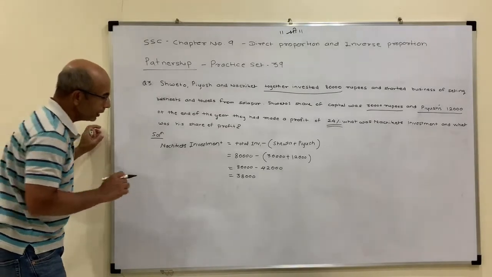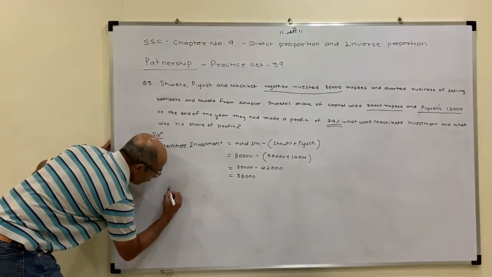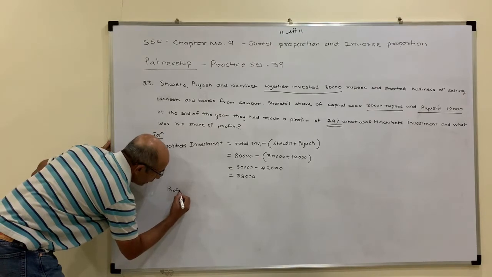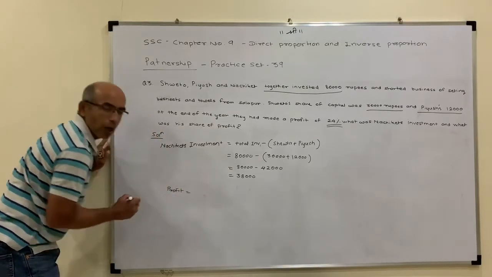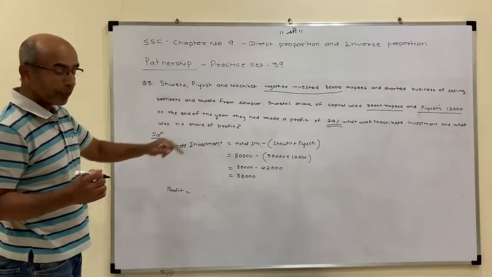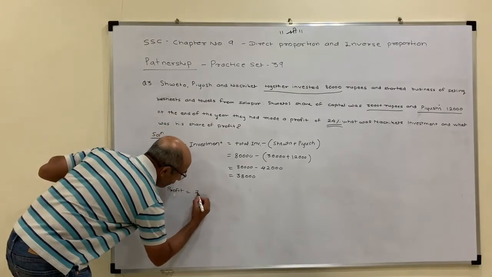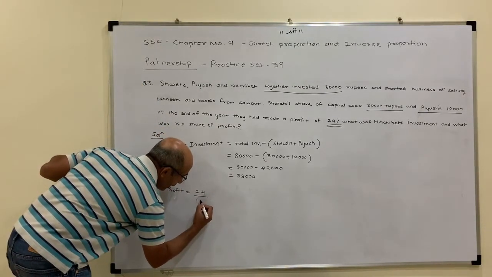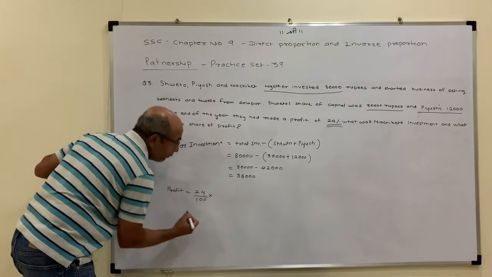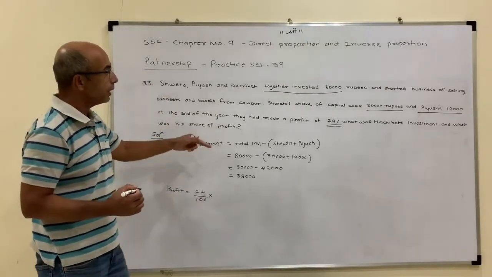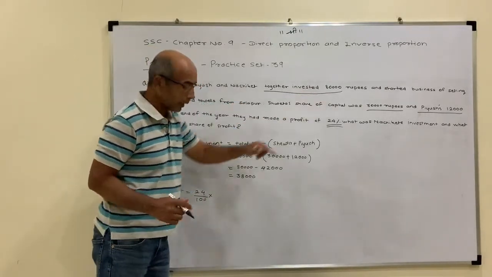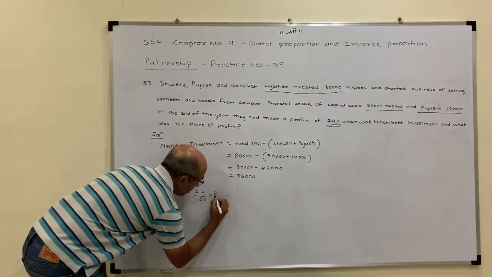So now on the next step we'll find the profit. How much is the profit? Profit is at 24%. So 24 divided by 100, and 24% is on what? On the total capital, that is 80,000.